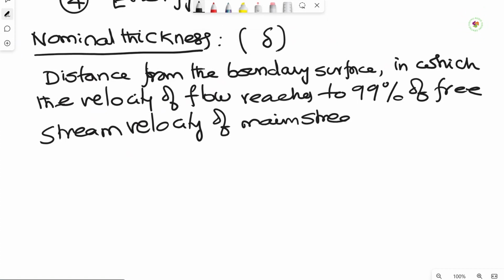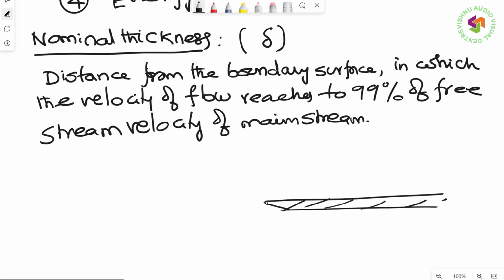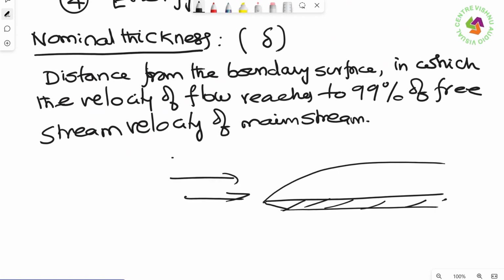That means, if I take this as a solid boundary and the fluid is flowing like this, this is the free stream. This free stream velocity is capital V. And we call this the nominal thickness delta if the velocity changes from 0 to 99%.